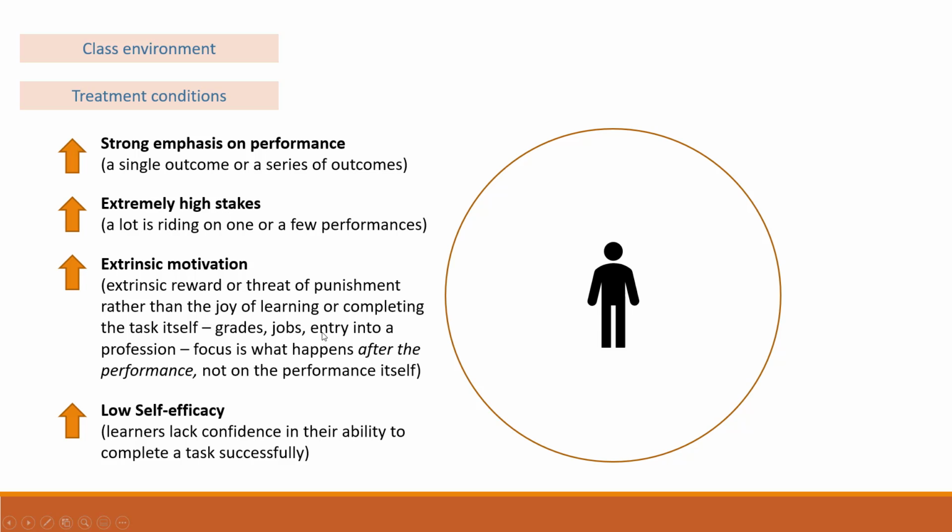And if they don't pass that test, they're not going to be able to progress, or they'll be failed out of a program, or they won't be able to go into the profession they want, or something like that. Now you've got an environment that's very conducive to cheating.